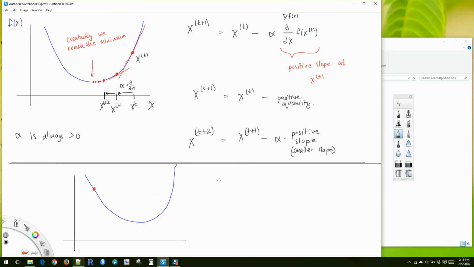Okay, so here, if this is x at time t, x at time t plus 1 is x at time t minus, we still stick with alpha, the derivative of f of x at time t. Okay, we see this thing, we have a negative slope, okay? So we have a negative slope.